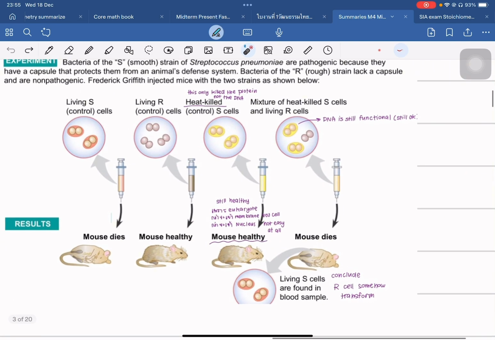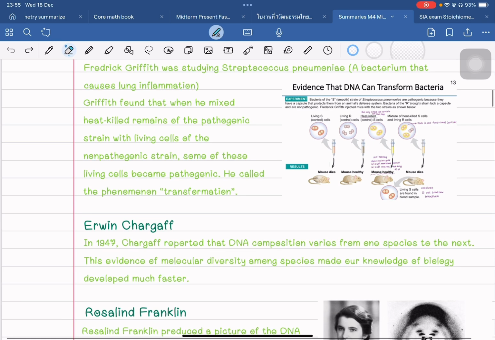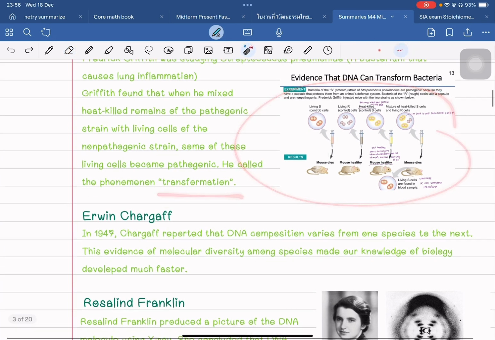But another time he mixed the heat-killed S cells with living R cells, and when he injected it, the mouse died. So he concluded that this phenomenon is called transformation.